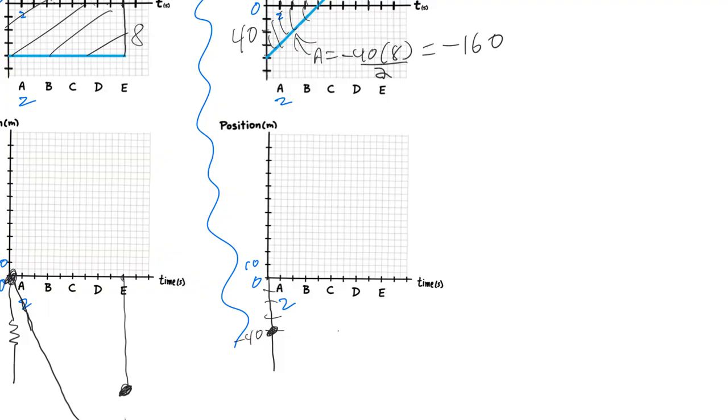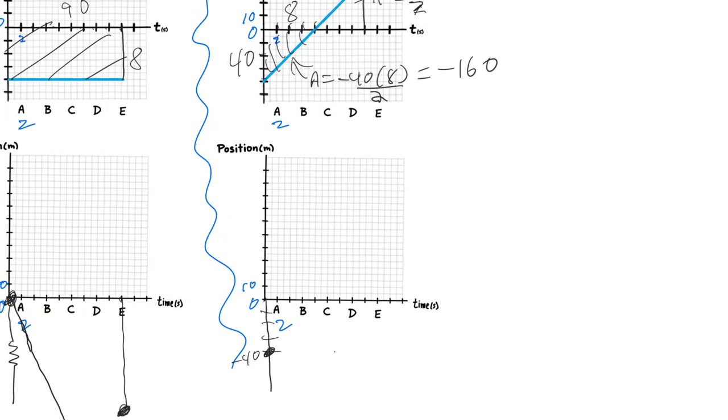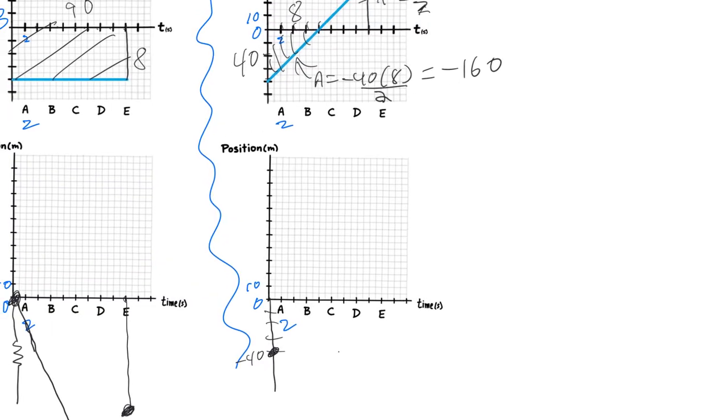And then at point C, it would stop, and then turn around to be positive. Okay, so I think I'm doing this right.